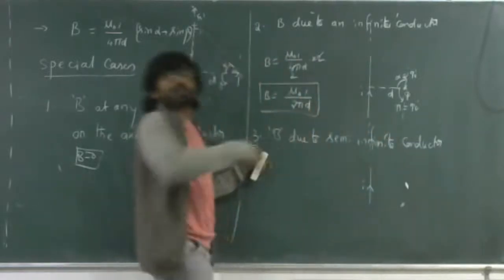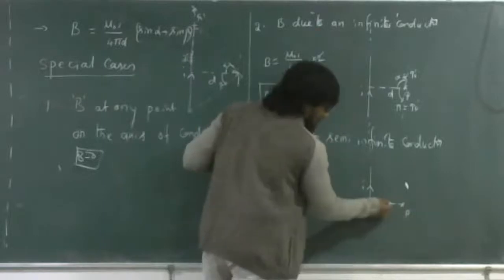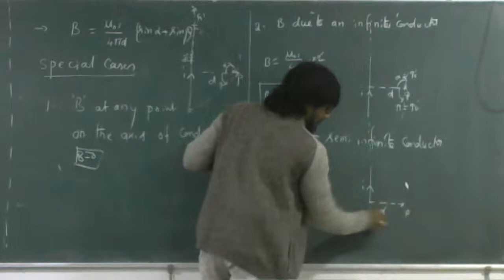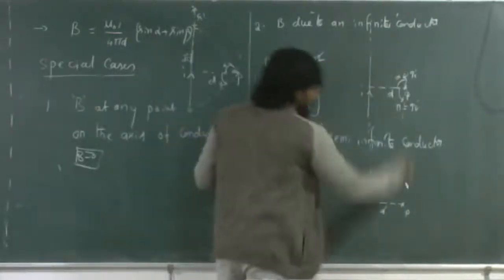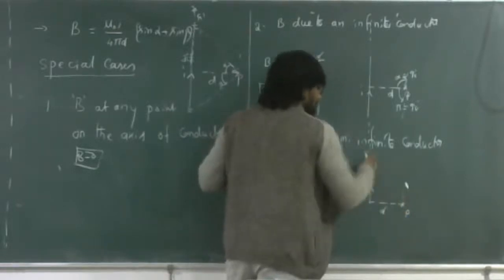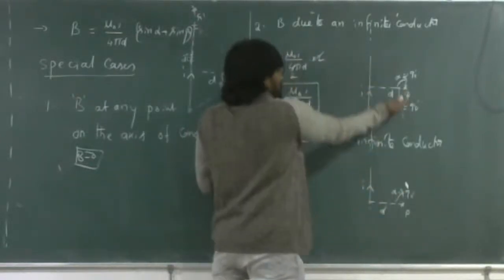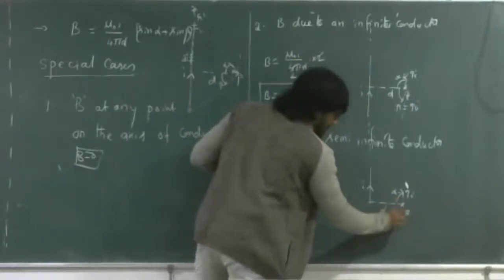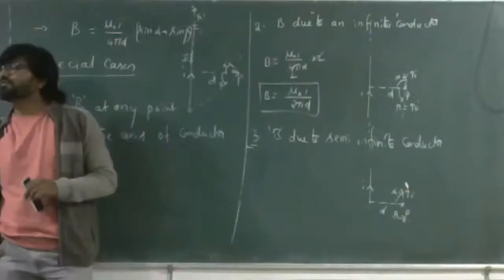For this kind of conductor, if we consider a point near this end and draw a perpendicular line whose distance from the conductor is d, then by the same logic, because of infinite length, alpha will become 90 degrees. But as this length is decreasing, beta decreases gradually, and as these two coincide, beta becomes 0.